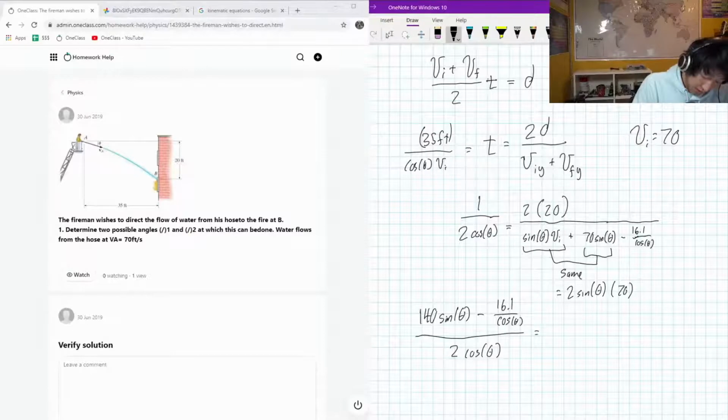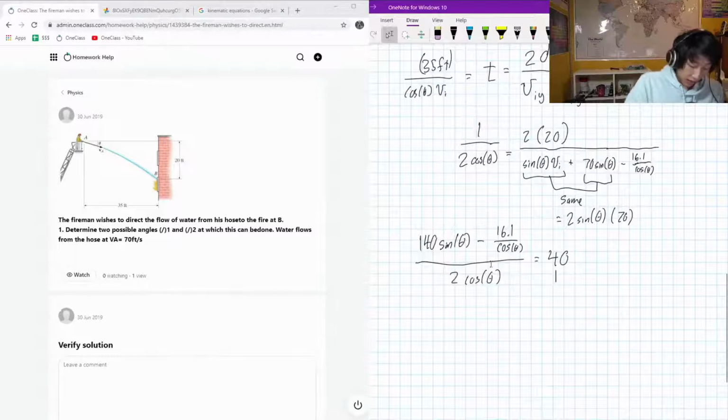That is equal to 2 times 20, that's 40. Okay, so now we can expand this out a little bit more.